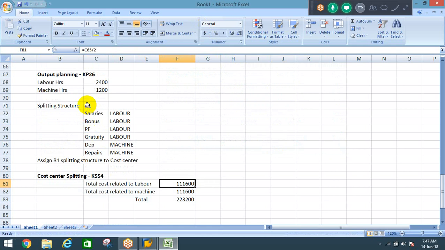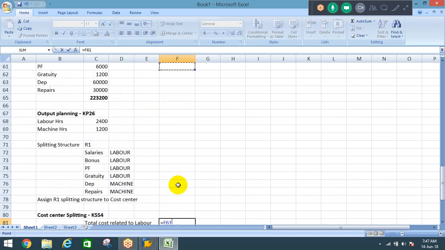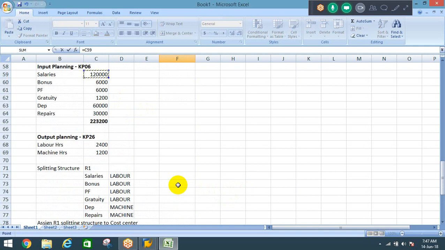Considering this splitting structure, it will take the cost related to only that labor, since the link is there for the cost element. So it will take the price like this, cost like this.